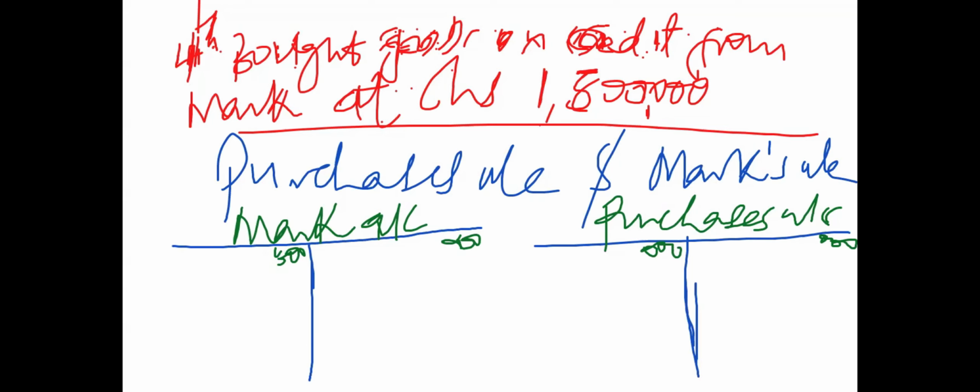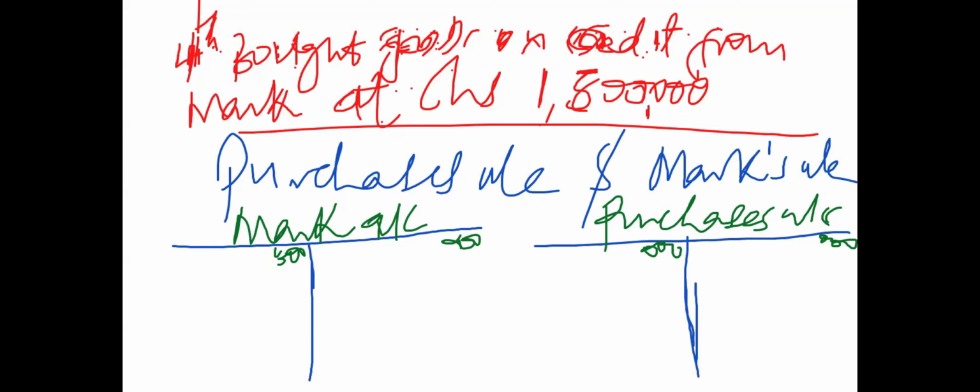Is Mark giving? Because we have identified Mark as a personal account, and the rules for personal accounts are you look at which side is receiving and which side is giving. So the rule for personal accounts, we debit the receiver and then we credit the giver.